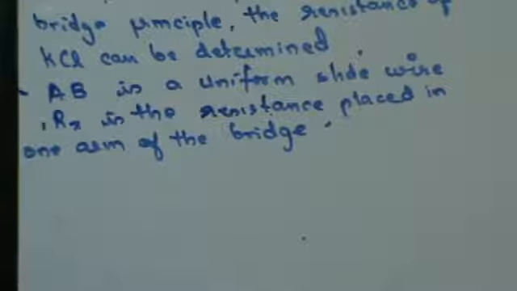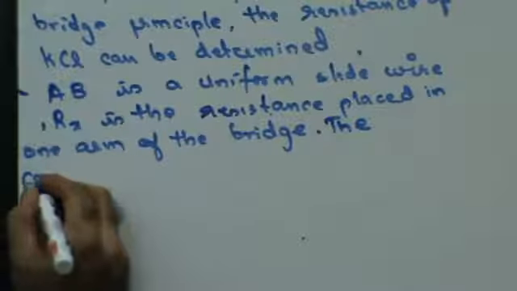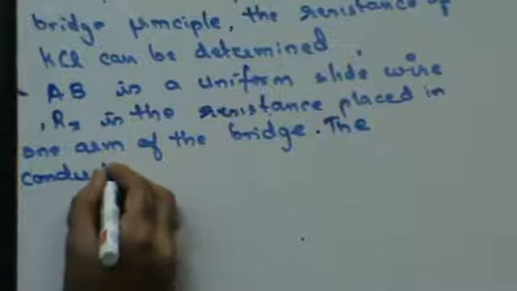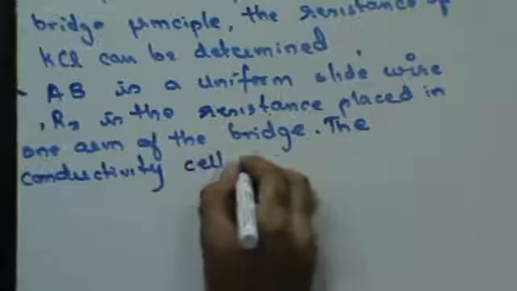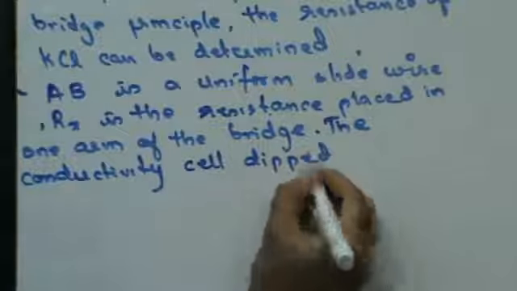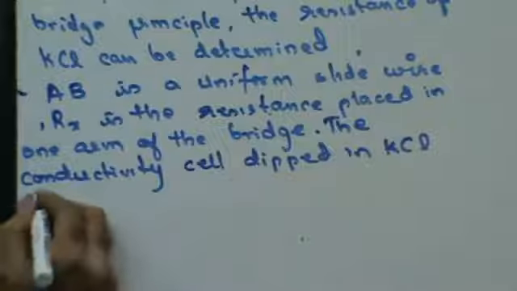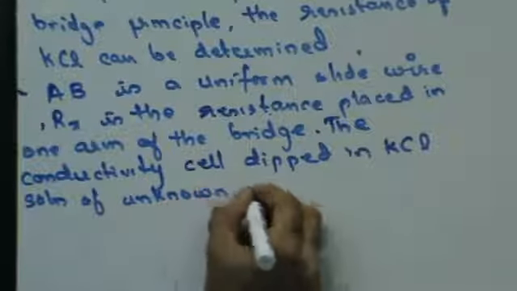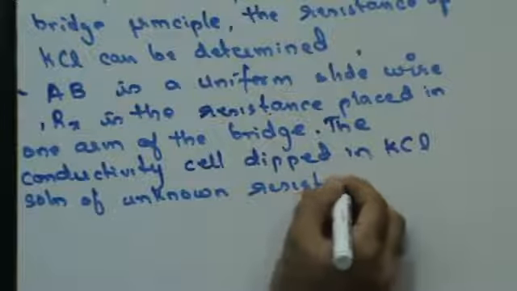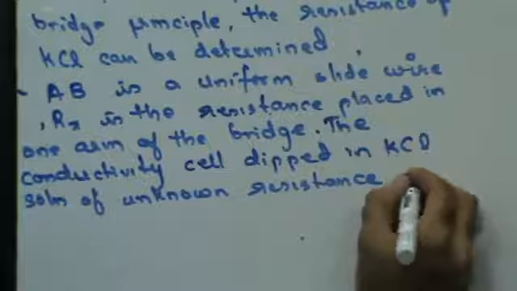Now the conductivity cell dipped in KCl solution of unknown resistance is placed in the other arm.